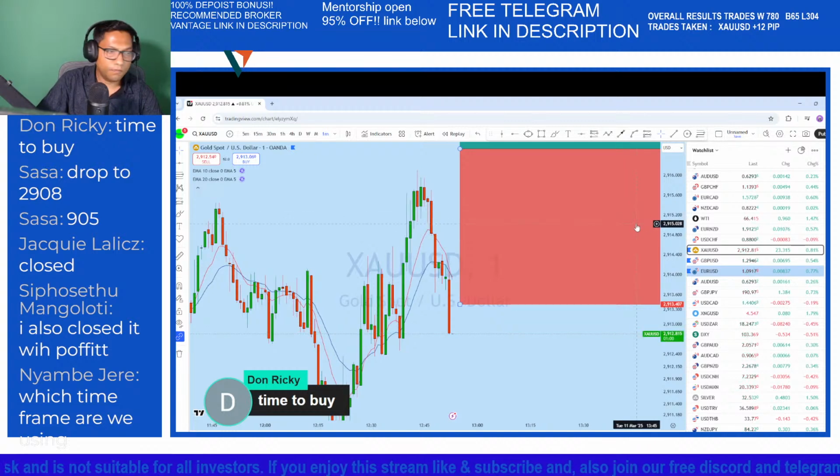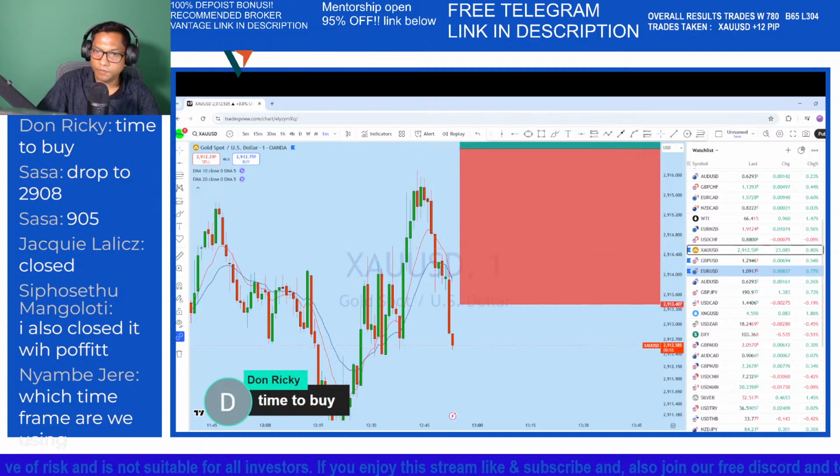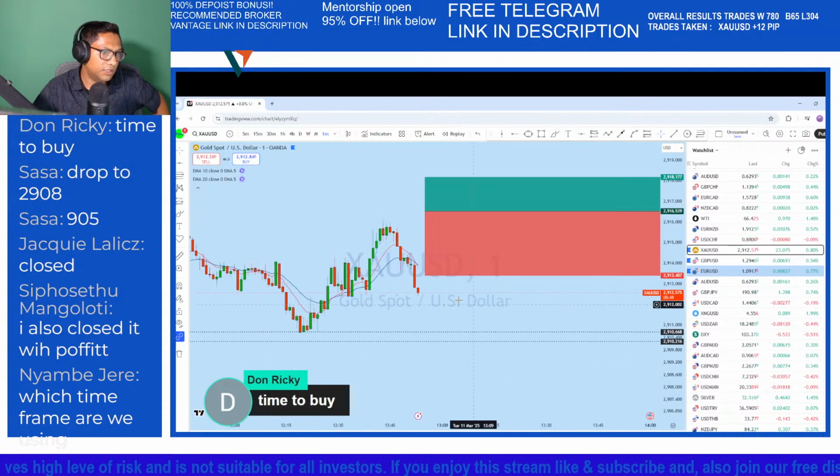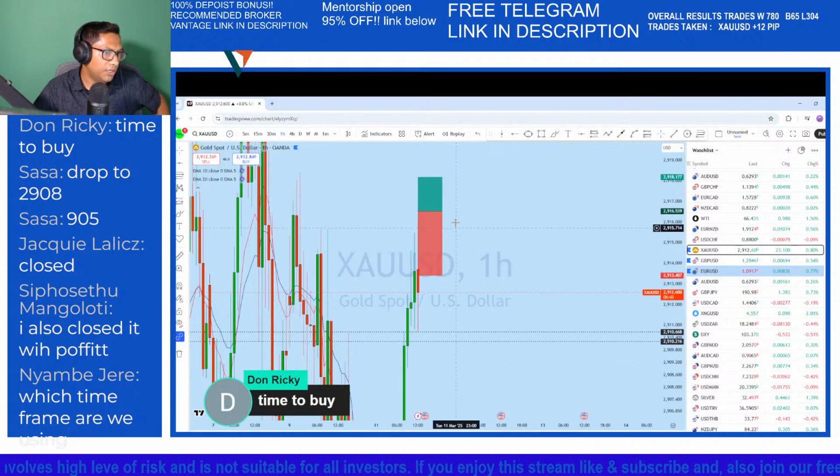So here, okay, the market from this level, there is a downside here, so we'll be waiting to see.